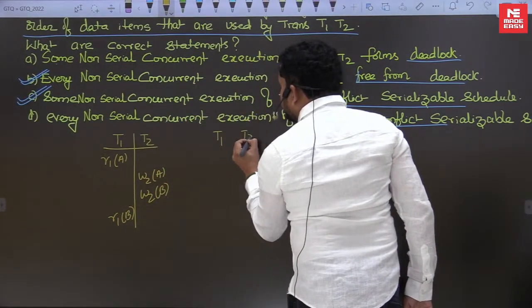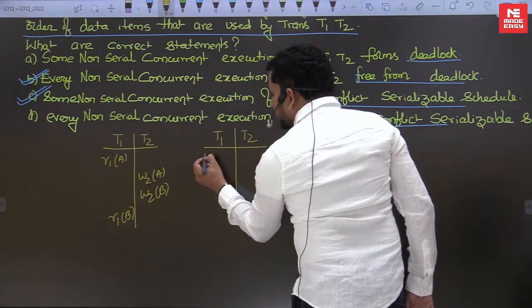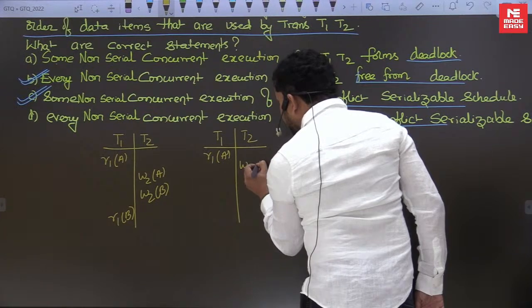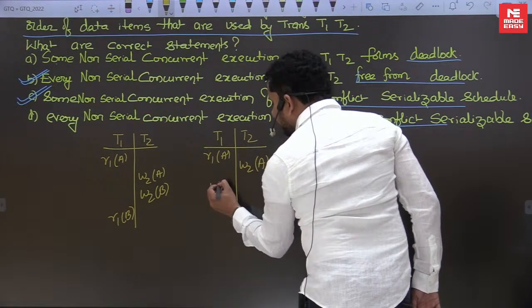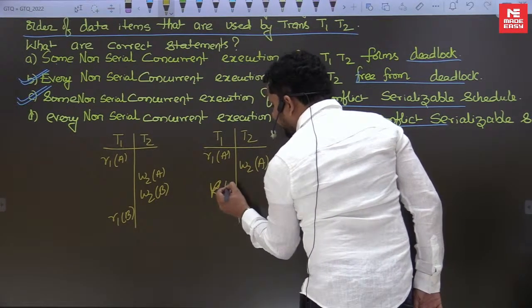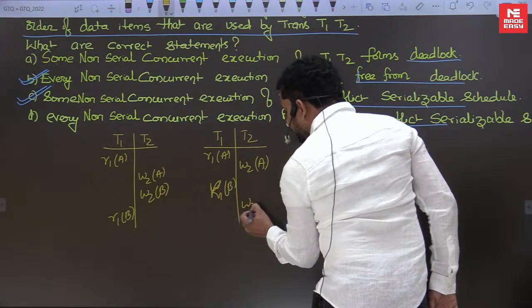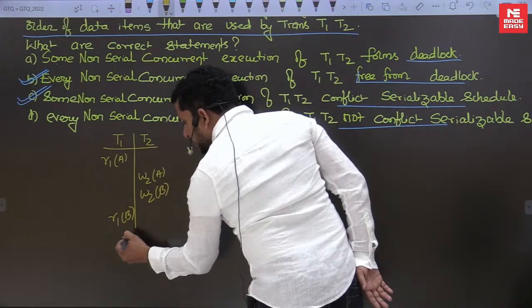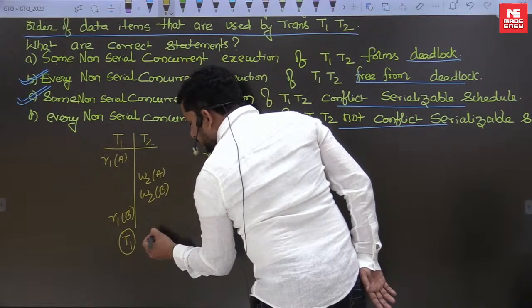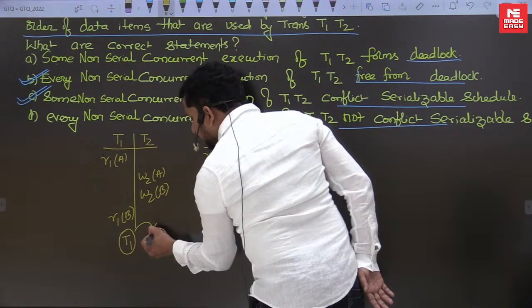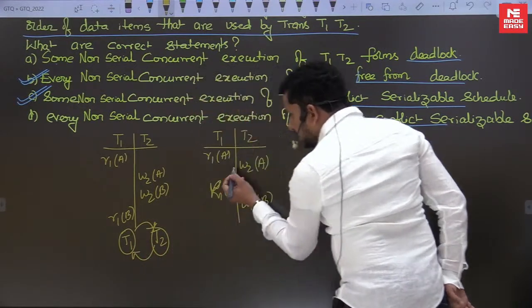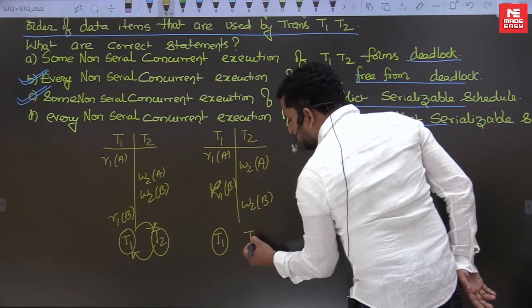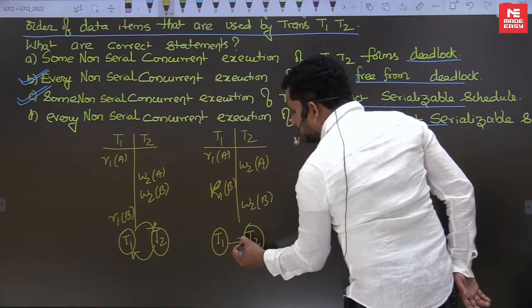The other possibility of non-serial is R1A, W2A, R1B and W2B. This one is non-serial concurrent execution which is not conflict serializable, with a cycle in the precedence graph. The other is non-serial concurrent execution which is conflict serializable, with no cycle in the precedence graph.